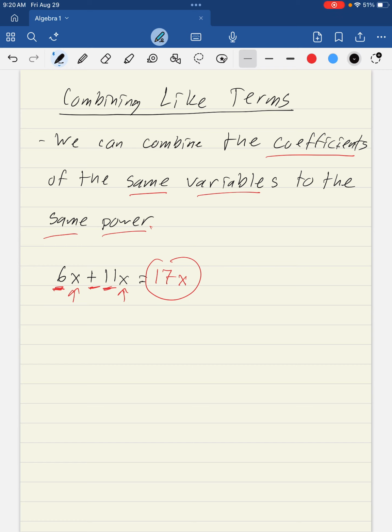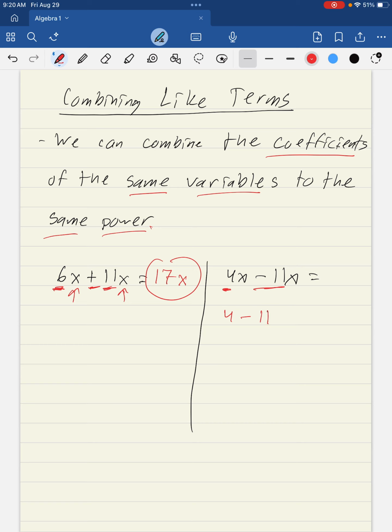Okay. Now, what if I was to go like this: 4x minus 11x. What happens here? Well, we can look at our coefficients and say, okay, we both have x's, so this is going to be treated as 4 minus 11.